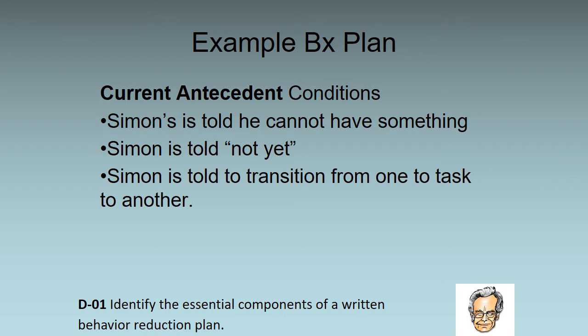So here, Simon being told he cannot have something, Simon being told not yet, or Simon being told to transition from one task to another were all identified antecedent conditions that led to the target behavior of crying. Of course, these are important to know because as an RBT, you can manipulate antecedent conditions to make a behavior less likely.